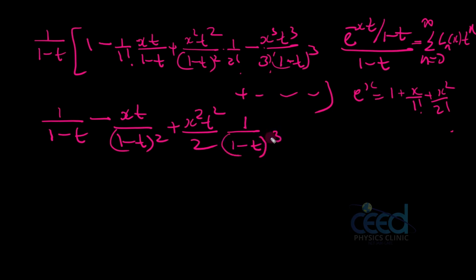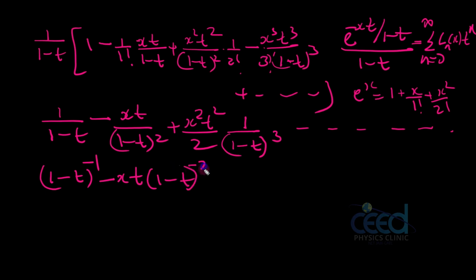I can write like this, etc. Okay, now this I can represent as 1 minus t whole raised to minus 1, minus xt into 1 minus t whole raised to minus 2, and here I can write x square t square by 2 into 1 minus t all raised to minus 3, etc. Okay.